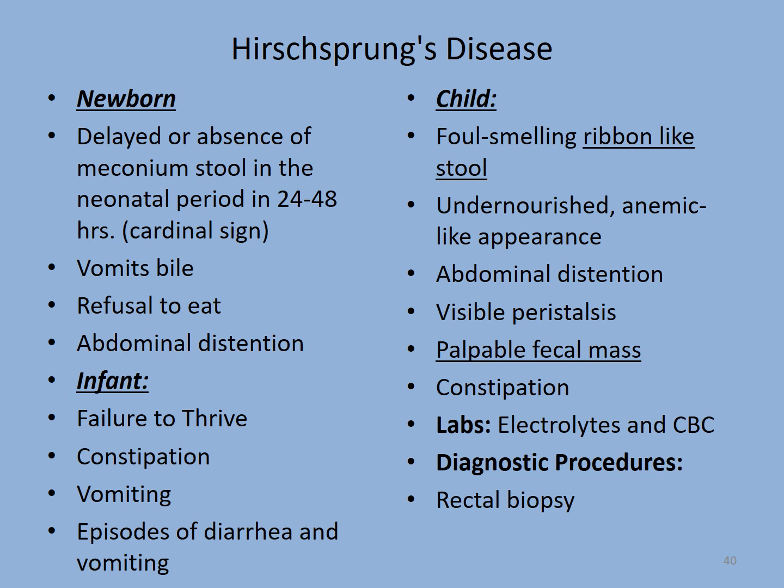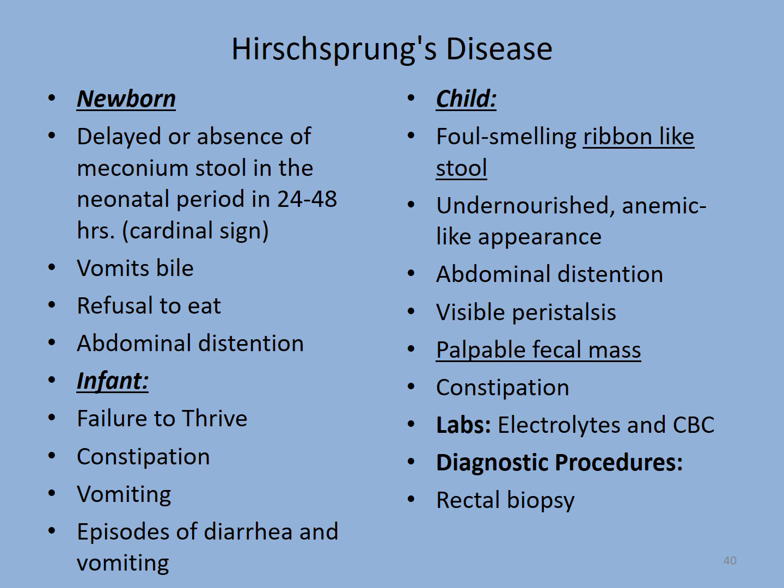They'll become a failure to thrive. Constipation will be an issue. Vomiting is constant. And then they'll begin to have episodes of diarrhea and vomiting because the colon can't spasm. Sometimes the stool will just go straight through and be liquidy. Other times it'll stop because it can't spasm and they'll become constipated.